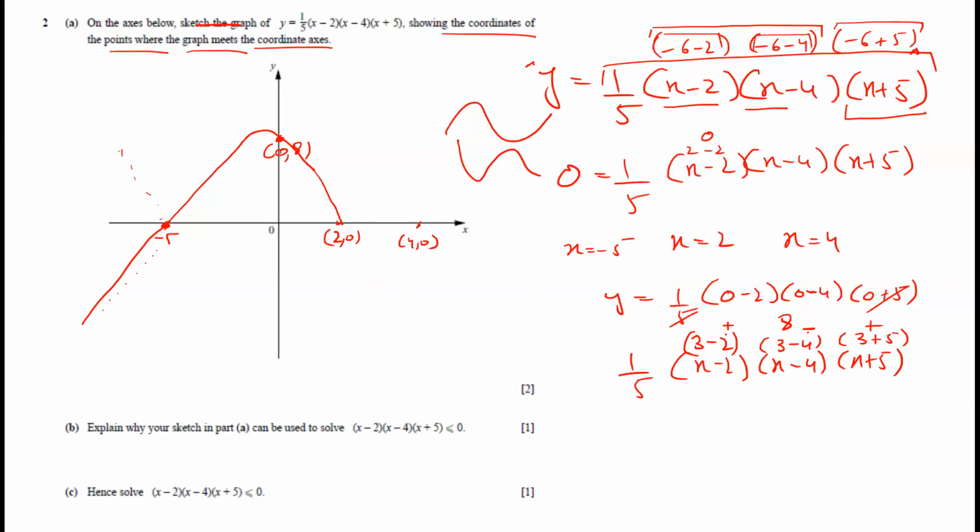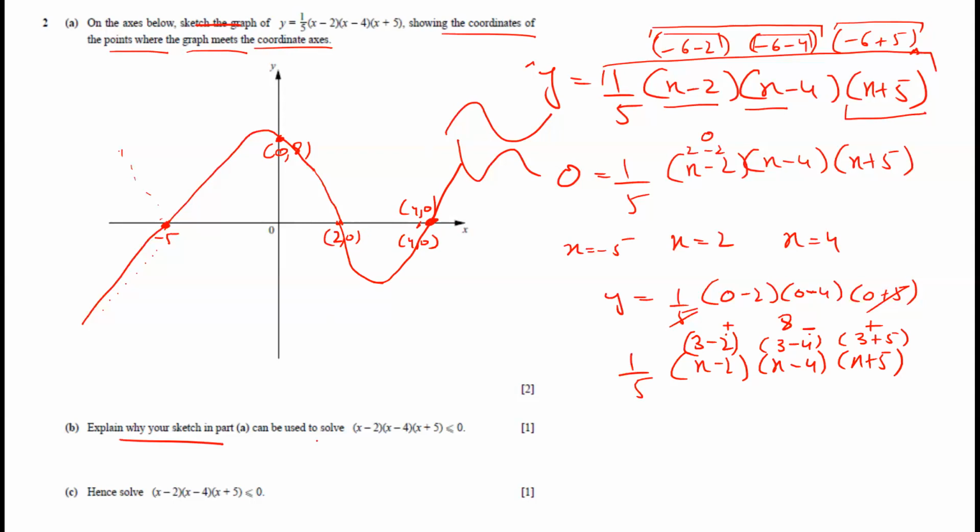Positive multiplied by negative gives a negative number, and multiplying by a positive number again gives a negative number. So again the graph will come up and hit your x-axis at 4. Now this is how your graph would look.